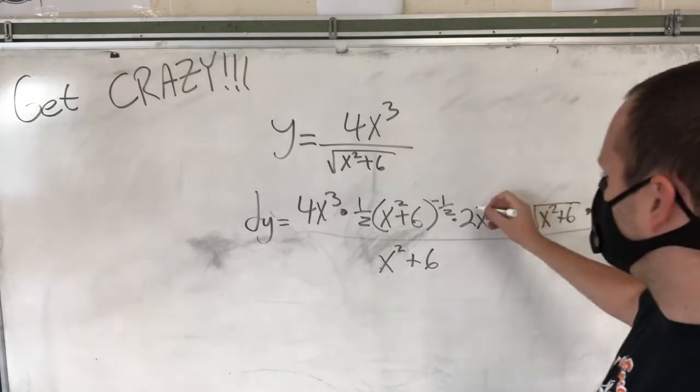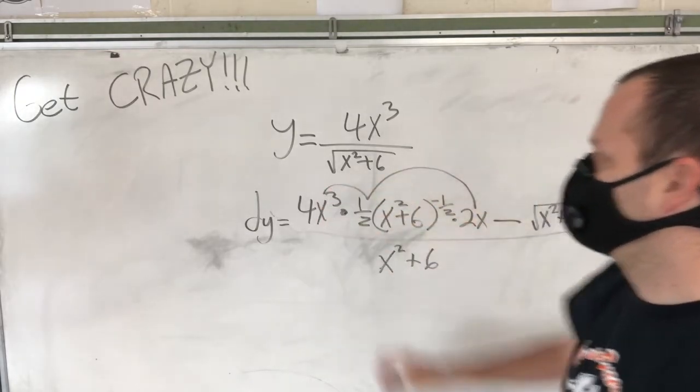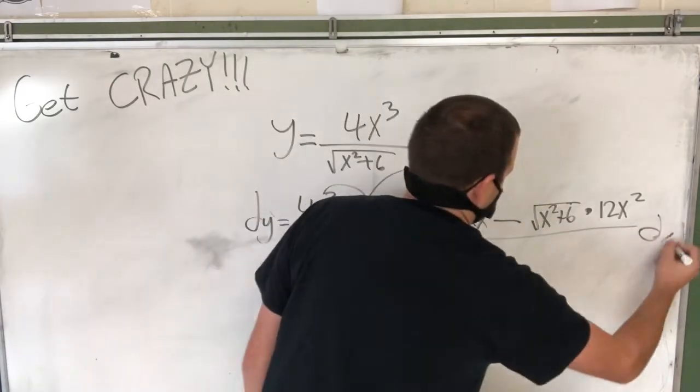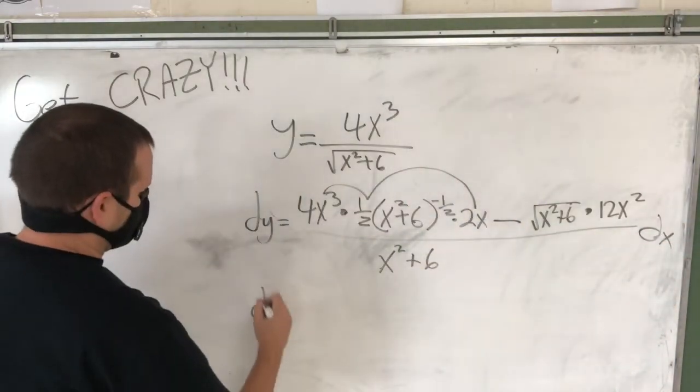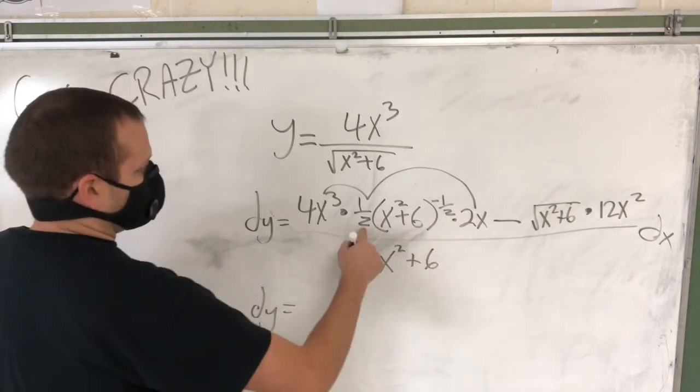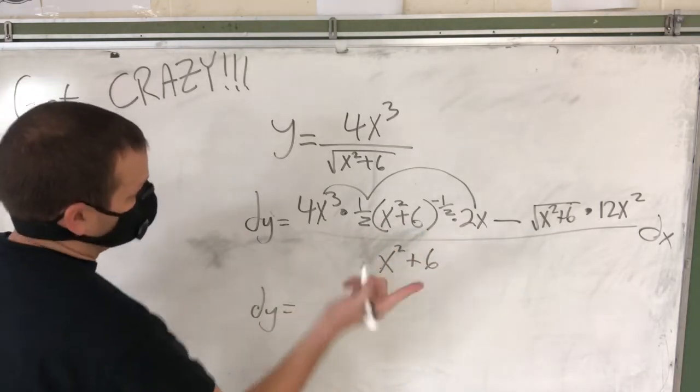However, could I combine the 2x, the 1/2, and 4x cubed? Yes. Don't forget your dx. So over here we get dy equals, let's see, 2 times 1/2 is 1.